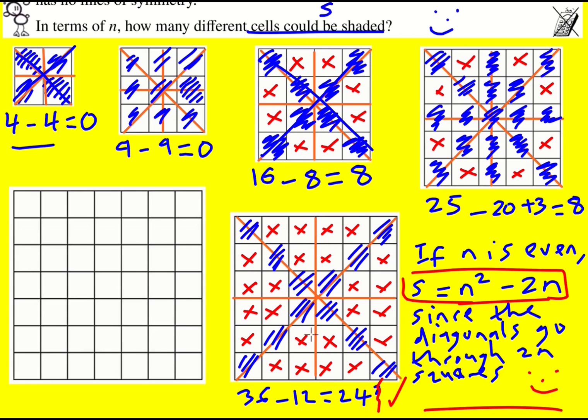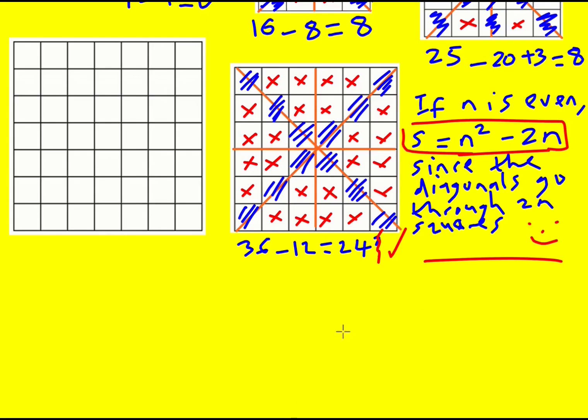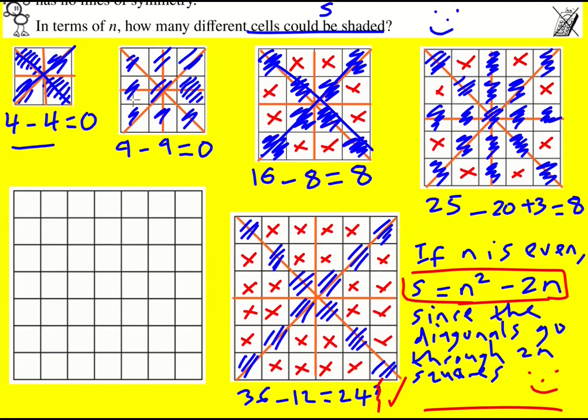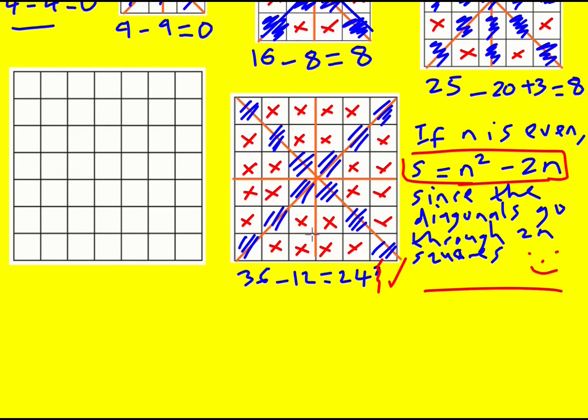Right, now let's take a look if n is odd. We do need to consider these separately because of what happens with the diagonals and the horizontal and vertical lines. You can see with horizontal and vertical, they start going through squares. So we can't just apply the same argument. So if n is odd, then s would equal n squared as before, all the squares, but I'm going to subtract n along one of the diagonals.